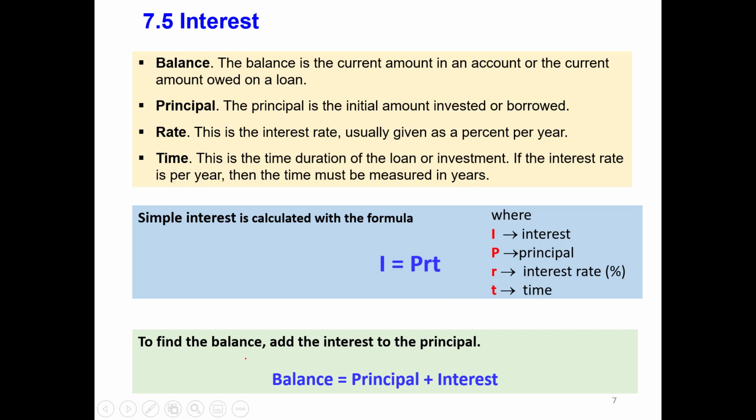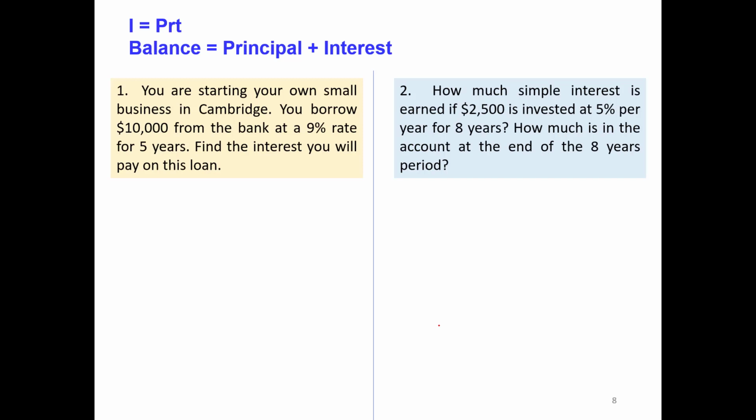Now the other important equation is to calculate the balance. If we want to calculate the balance, then we need to add the principal plus the interest. And these are the two equations we will use to solve simple interest problems in this last section.